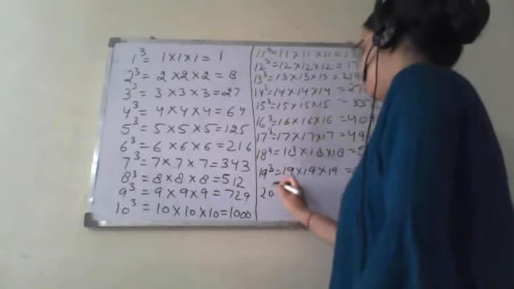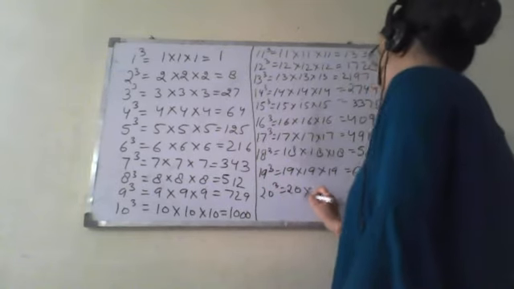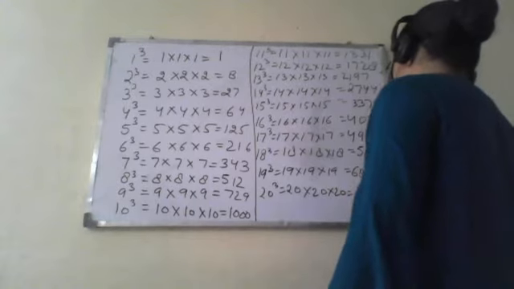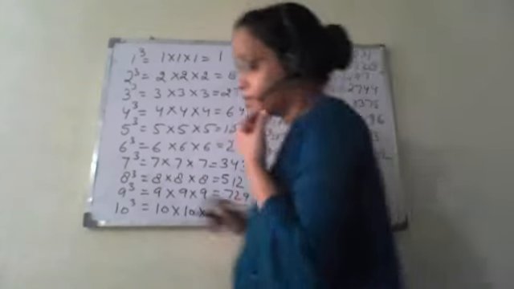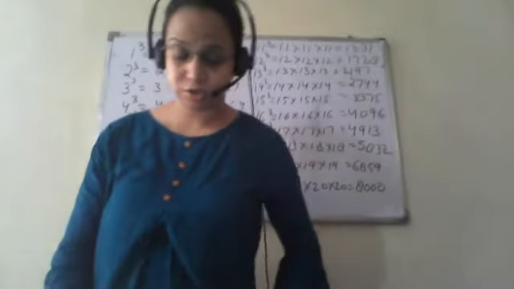And 20 cube will be 20 into 20 into 20, that is 8000.